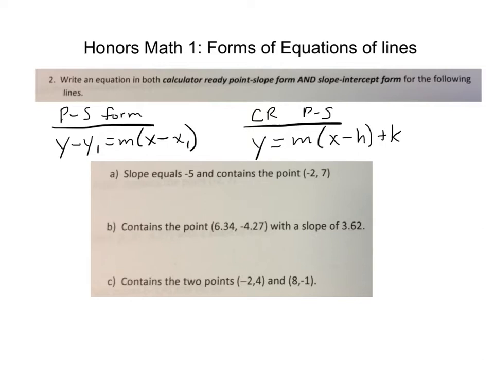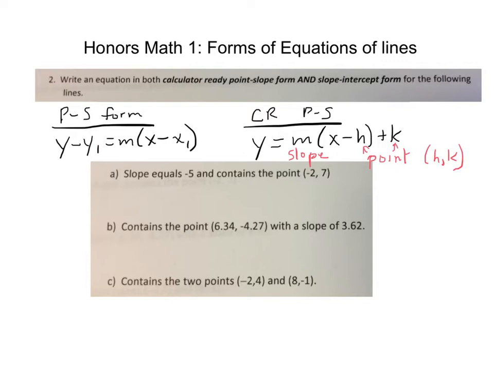That is your calculator ready point slope form. Now h and k are just a point. You're given points here, here, and here. So h and k is your point and m is your slope. So your point goes right there, h and k.